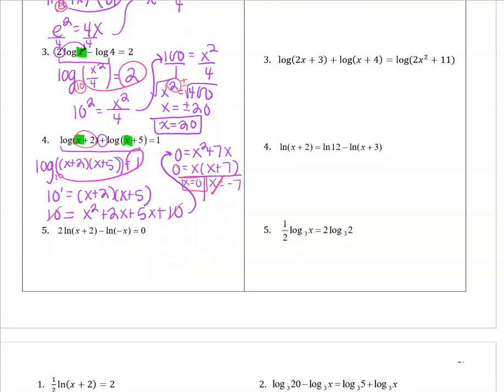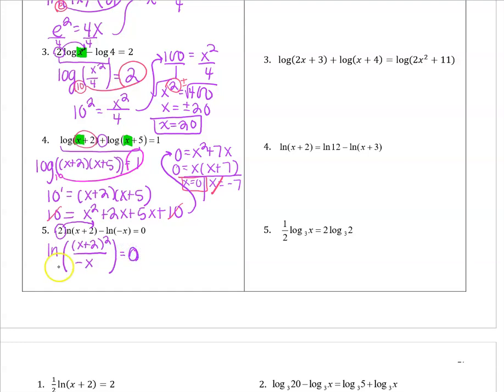All right, on to the next and last example of case 1. I have natural logs. I'm going to have to do some combining. That 2, I'm going to move to the exponent location, and keep in mind that subtraction is related to division. So I can rewrite this as natural log of (x plus 2) squared divided by -x equals 0.